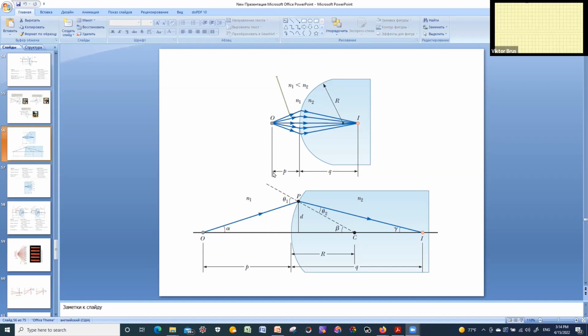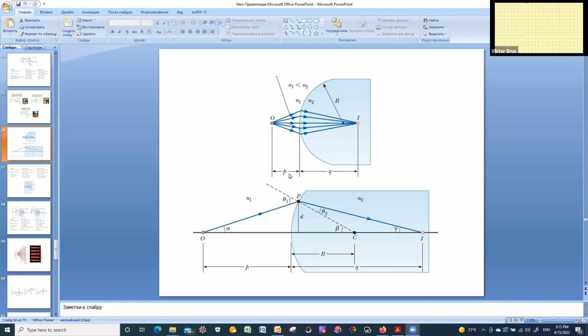So there is a distance, similar to the case with mirrors. There is a certain distance between the object O and the interface between two mediums.